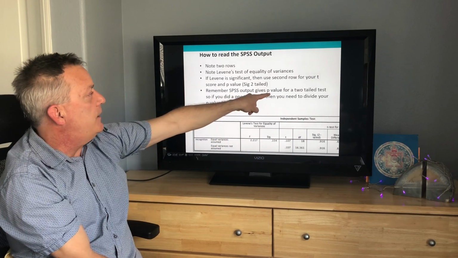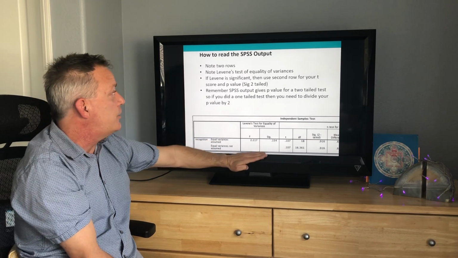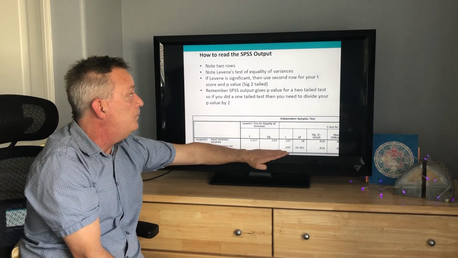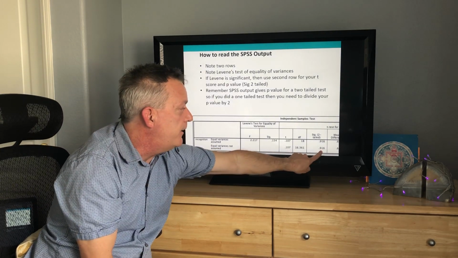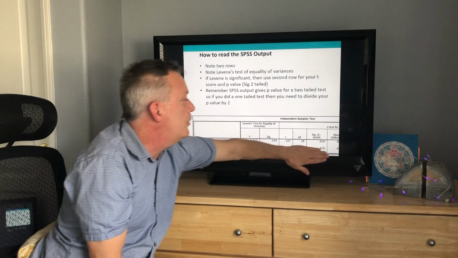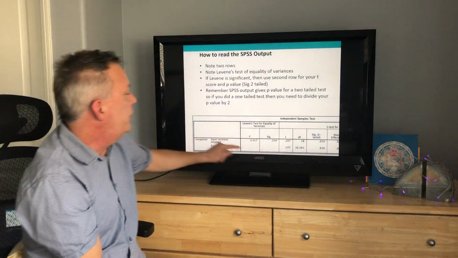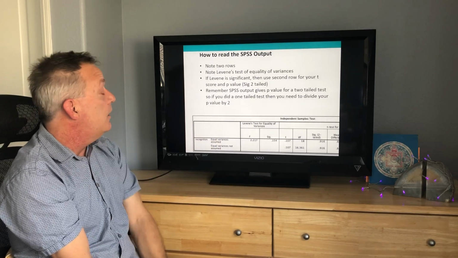If the Levene test is significant, then use the second row for your t-score and p-value. Make sense? In this case, you're not going to use the second row. You're going to use the first row because the Levene is not significant.